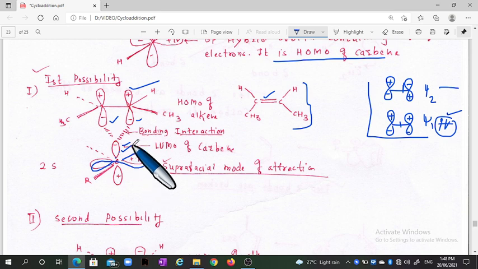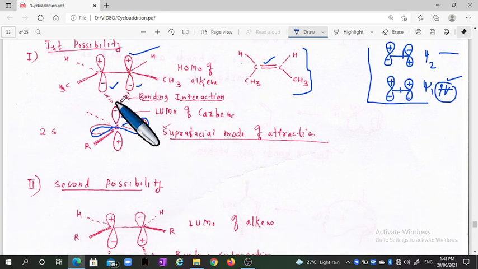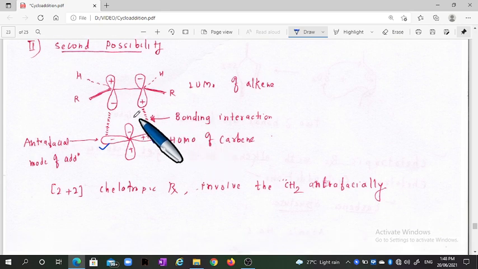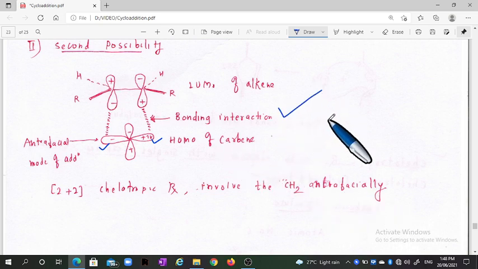If this is the first bonding and there is a second bonding at this positive one, it is unstable, therefore the most probable bonding is such an arrangement. Therefore this is a 2+2 cheletropic reaction involving CH2, and it is suprafacially allowed.